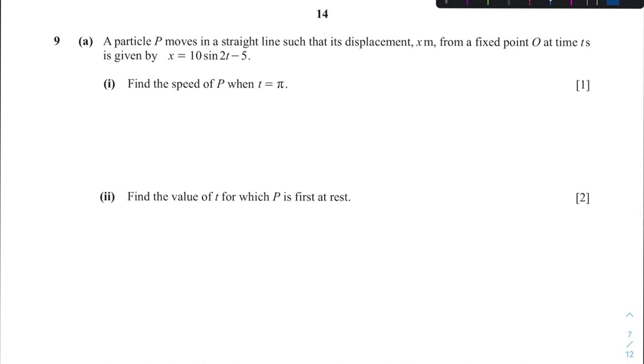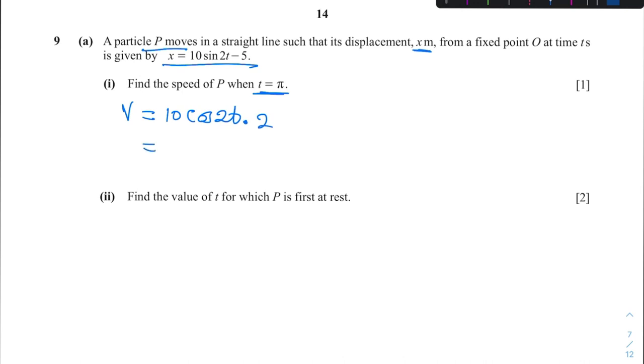Let's look at this particular one. It says that a particle P moves in a straight line such that its displacement is given by this. So this is the displacement. They want us to find the speed of the particle when t equals pi. So we've been given displacement, and they want us to find the speed. That means the velocity. So the speed or velocity is going to be 10 cos 2t times 2 when you differentiate that.